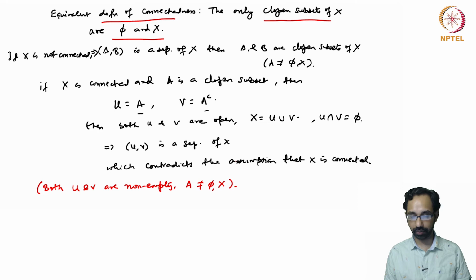Either U is empty or V is empty. And if you want both to be non-empty, then the only possibility is to exclude the empty set and X itself, and this is also something that we have used in this proof.